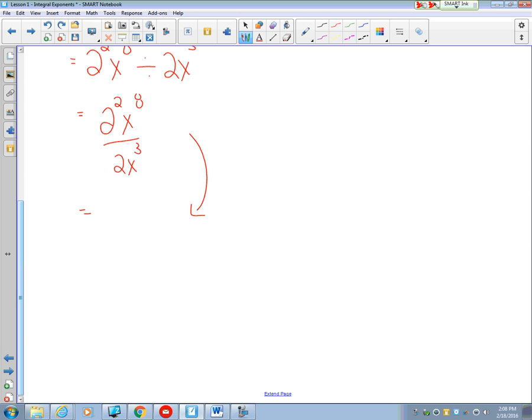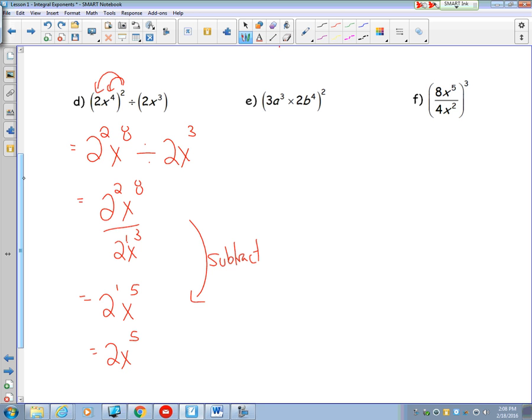I can work downwards, think about going straight down the columns. 2 to the 2 divided by 2 to the 1 makes 2 to the 1. Subtract. x to the 8 and x to the 3 makes x to the 5. So my best answer here, 2 to the 1 is just like saying 2, is 2x to the 5. And you've got to be careful to apply every exponent to the things inside that bracket, right?